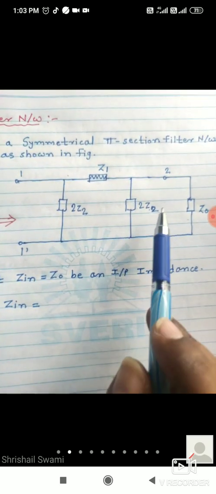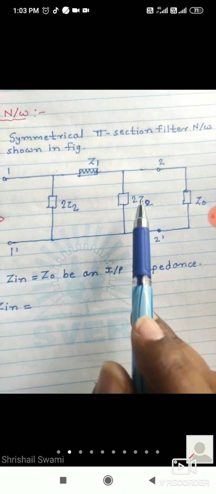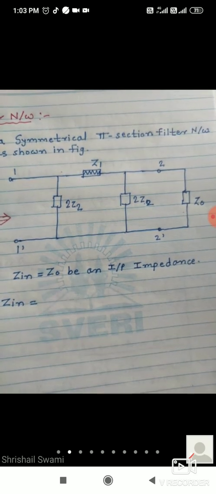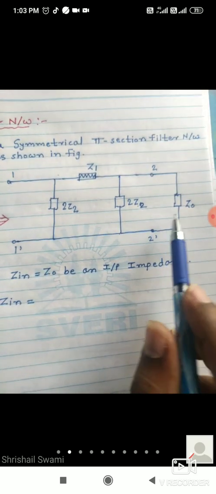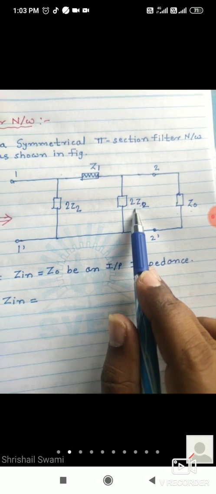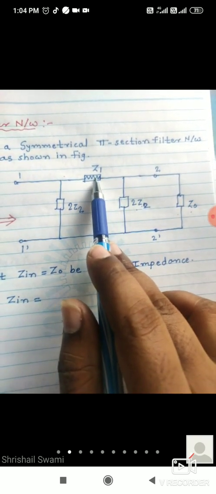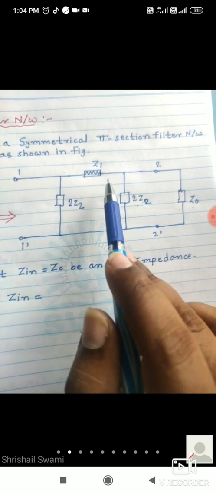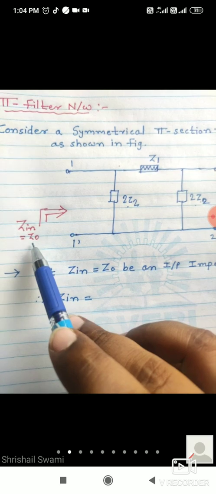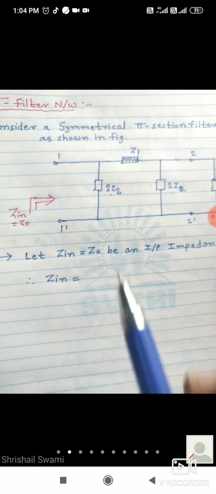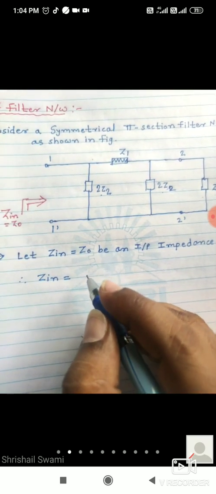If you are perfect in finding out the equivalent impedance, you cannot get the problem here. So Z0 is in parallel with 2Z2. That parallel combination is in series with Z1. Then find the answer, and that is in parallel with 2Z2, and that is the answer of your Z in. Understood? So one by one you can solve it.